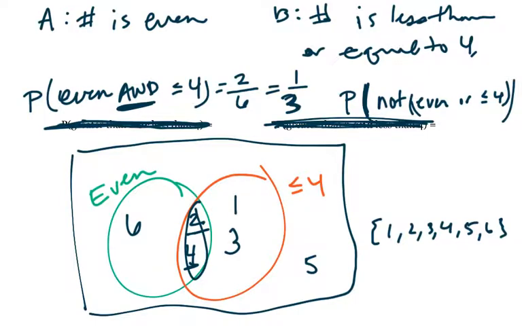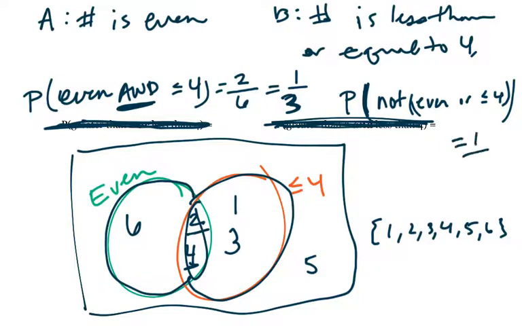So that means essentially that's the complement of these two circles. So in that case, how many numbers are in the complement of the two circles? So what's in the universal set that's not in those two circles? Well, that's just the number 5. So there's only one value out of the 6 values on the die, 6 possible outcomes.